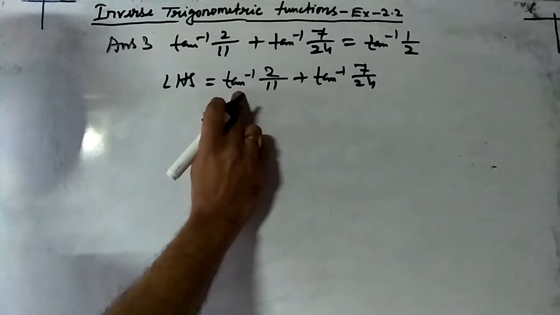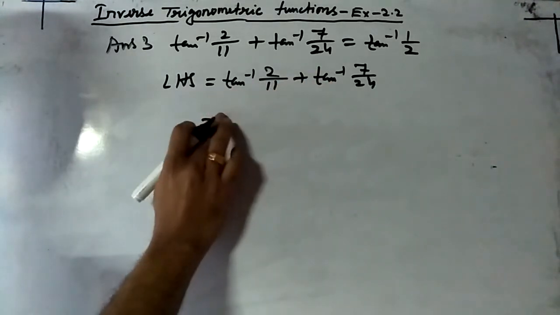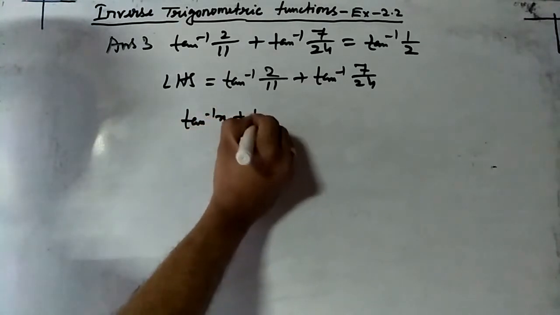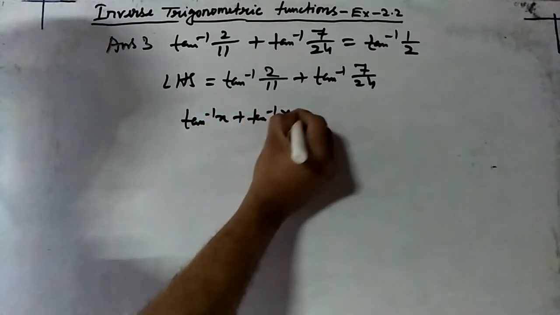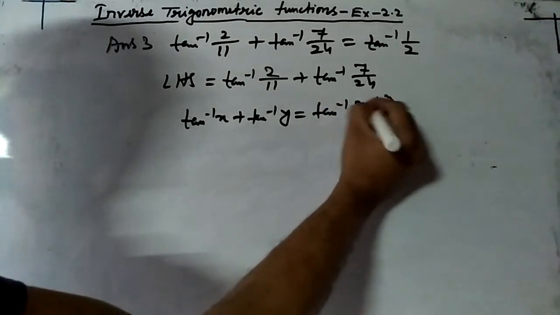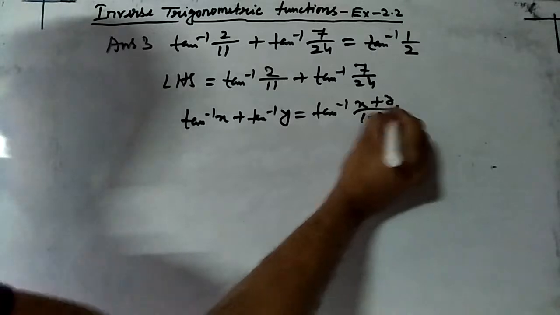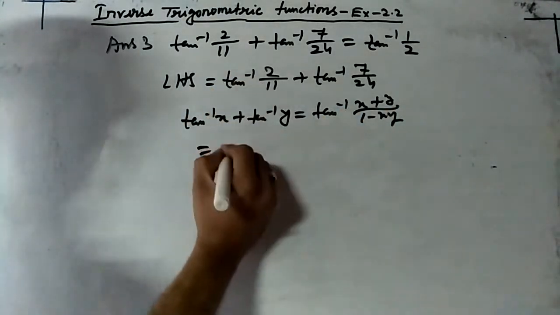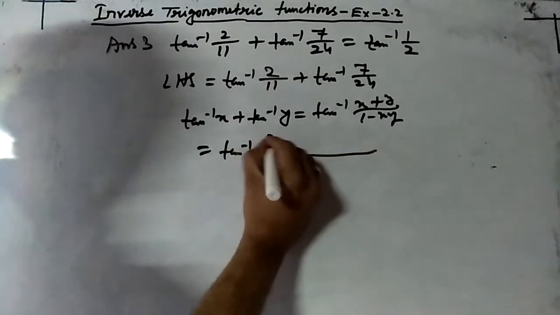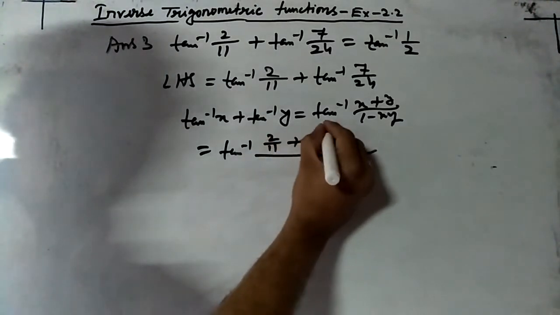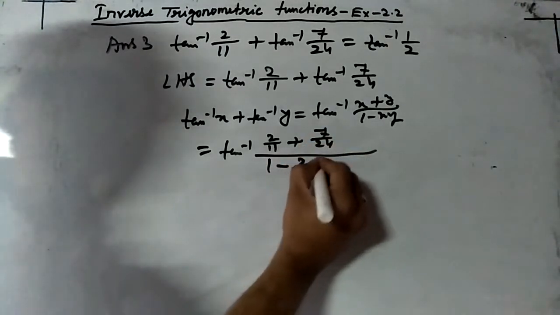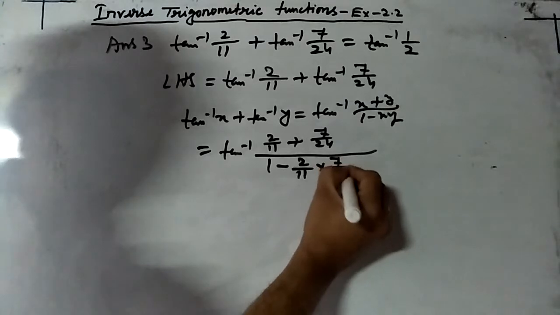Now use tan inverse x plus tan inverse y. We know that it equals tan inverse of (x plus y) upon (1 minus xy). If we use this formula, then we get tan inverse of (2 by 11 plus 7 by 24) upon (1 minus 2 by 11 into 7 by 24).